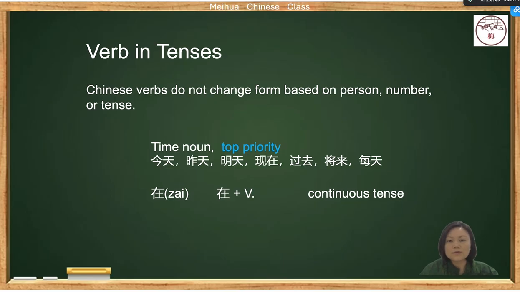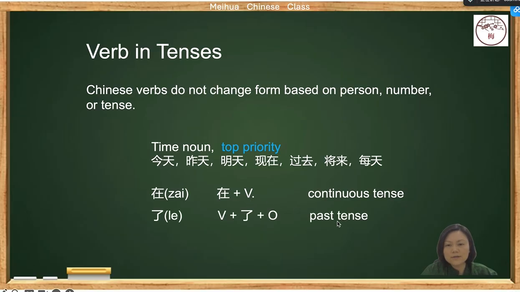The second rule is for continuous tense. In English, we use the ing form for the verb, right? In Chinese, we use another verb before the verb. That is 在 plus a verb, which means the action is happening.